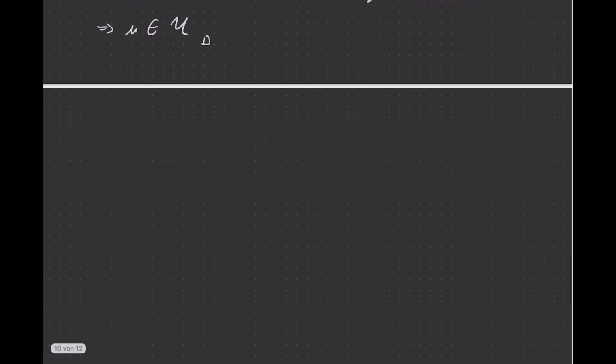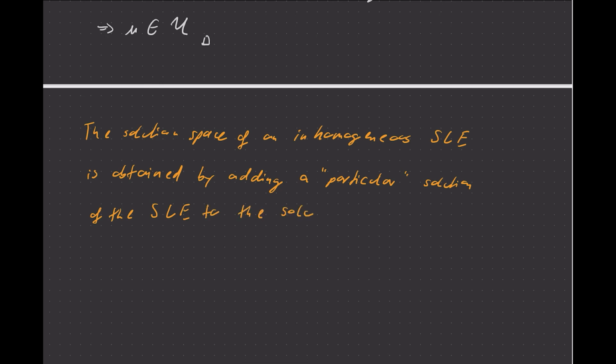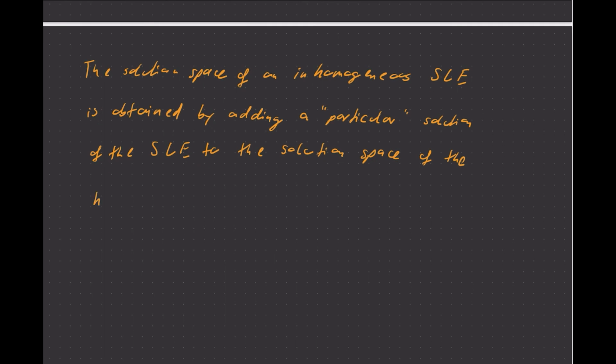So let me just write down that summary. What that means is basically the solution space of an inhomogeneous SLE is obtained by adding a particular solution, any solution of the inhomogeneous case, and that's called a particular solution, of the SLE to the solution space of the homogeneous SLE.